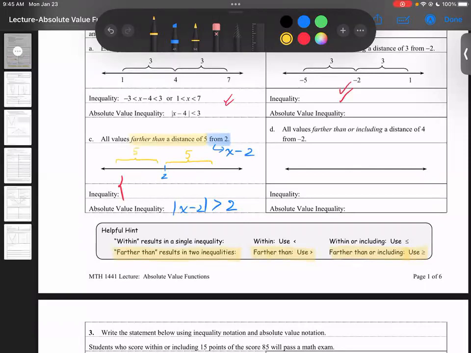So x minus 2 greater than 5, or rather the negative quantity of x minus 2 greater than 5.